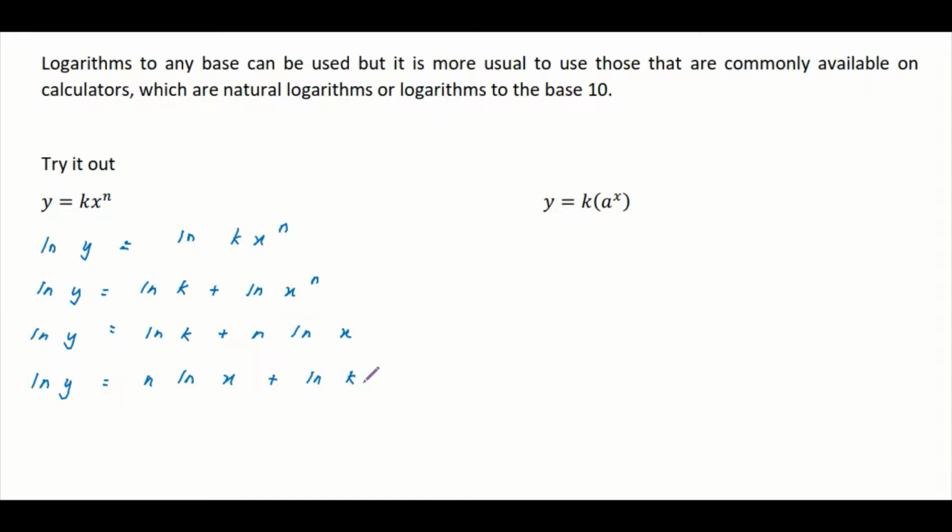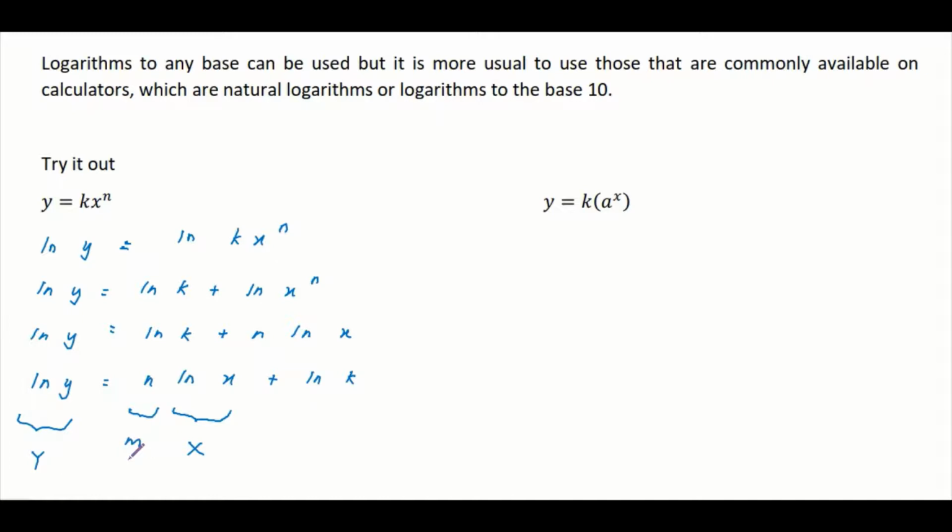How do you actually see it? This part is your Y. Your n is your gradient. Your natural log of x is your new variable X. You see, why am I using a capital X and Y here?